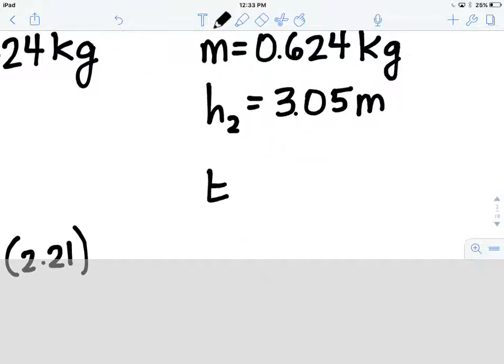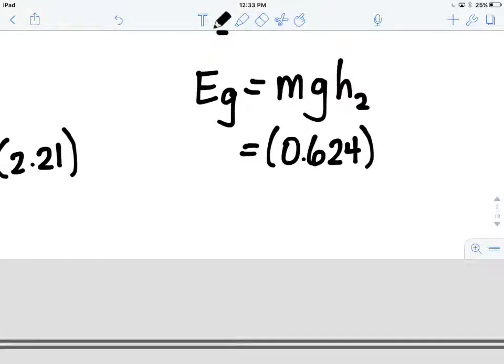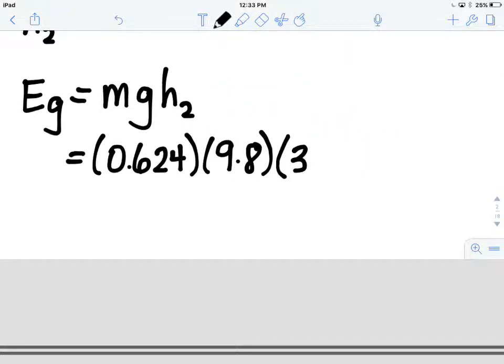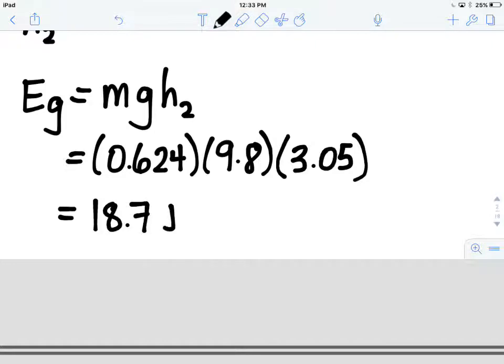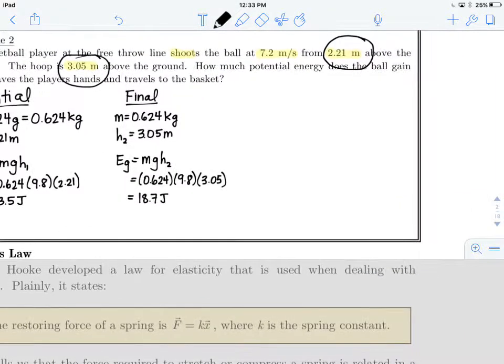And so EG is equal to mgh2 at this point. And we punch this into our calculator, 0.624 times 9.8 times 3.05, and we arrive at 18.7 joules of energy.